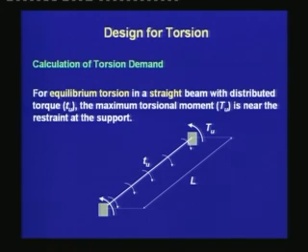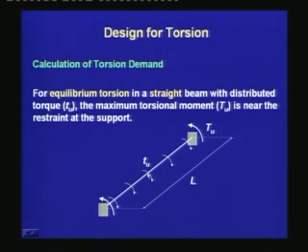For equilibrium torsion in a straight beam with distributed torque Tu, the maximum torsional moment Tu is near the restraint at the support. This figure shows a beam which is statically determinate and it is subjected to a distributed torque tu per unit length.